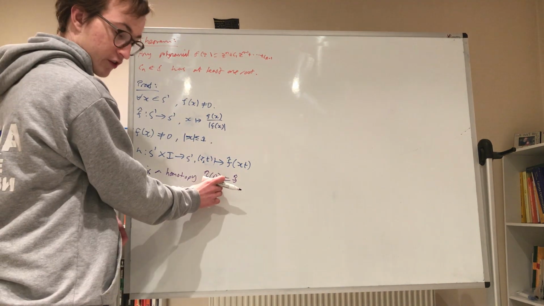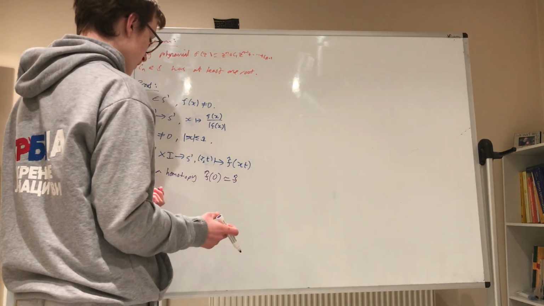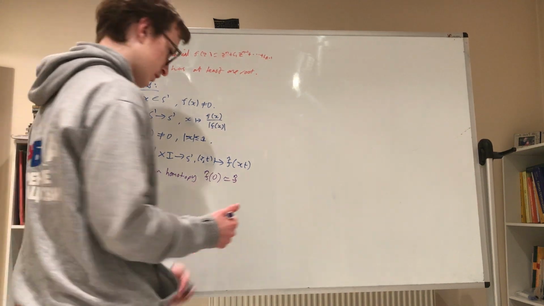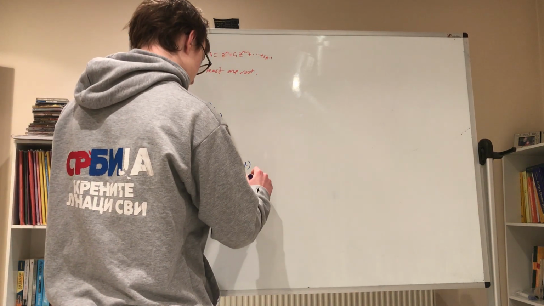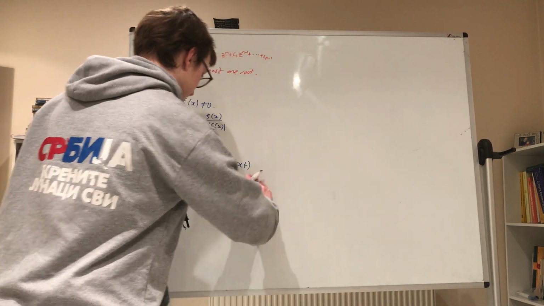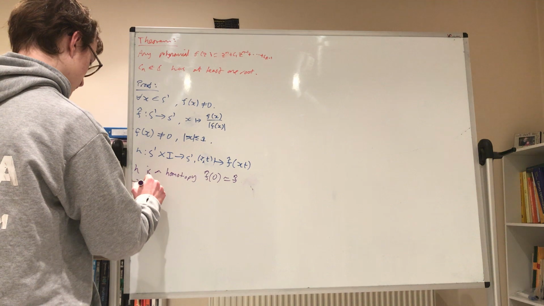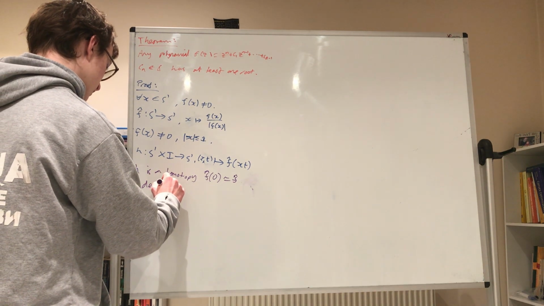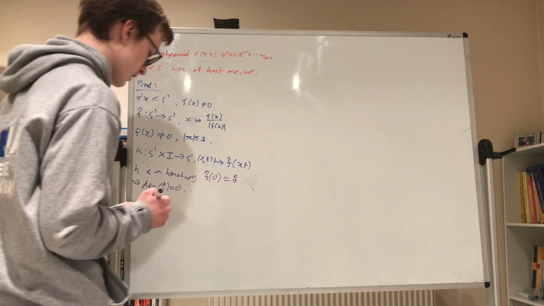And because of course this is a constant map, we can therefore obtain that the degree of f hat is equal to 0.